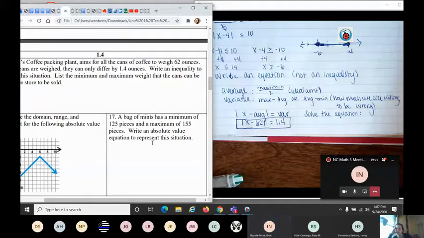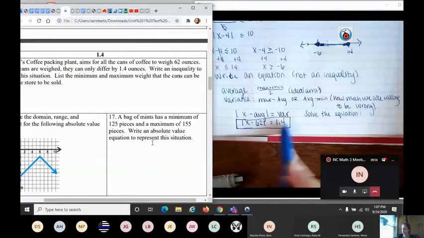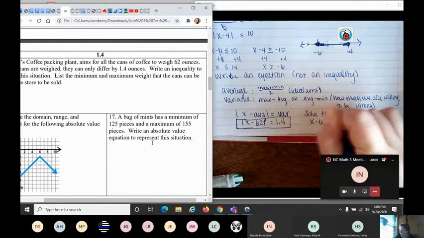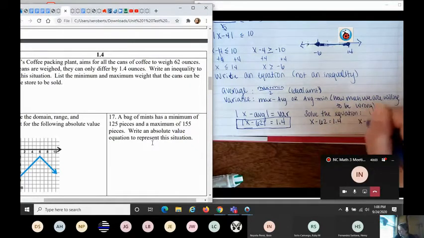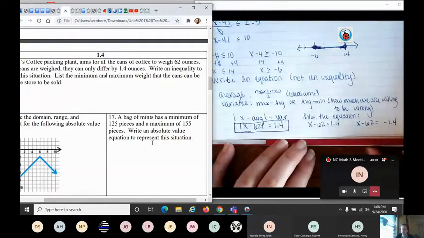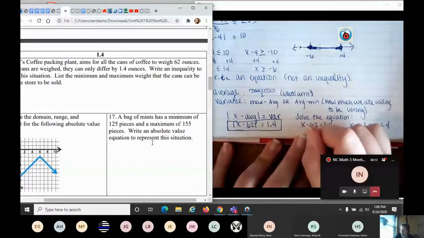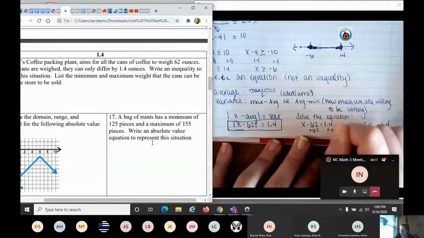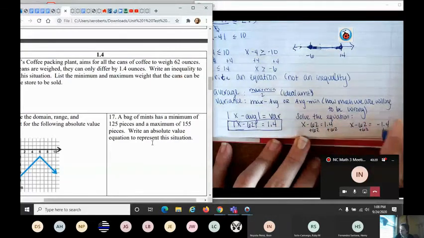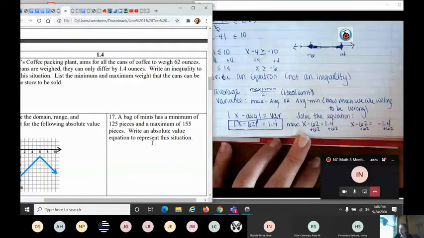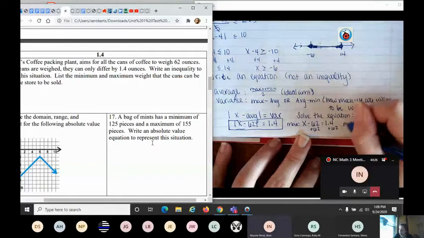Positive, negative? Yeah, one with a positive variance and one with a negative. So x minus 62 equals 1.4, and x minus 62 equals negative 1.4. Now, how am I going to solve each of these? Add what? 62. Yeah, 62. Okay, this is going to be our max because it's positive, and this is going to be our min because we had a negative.